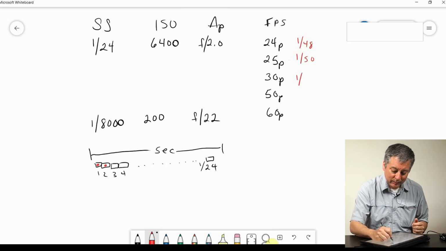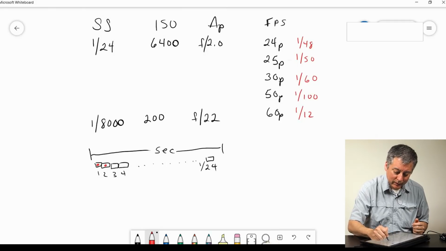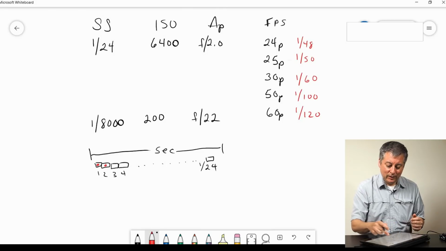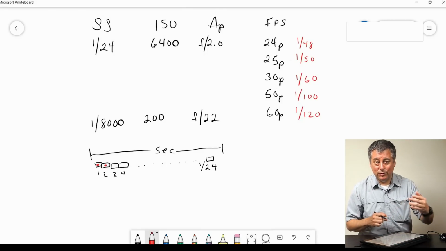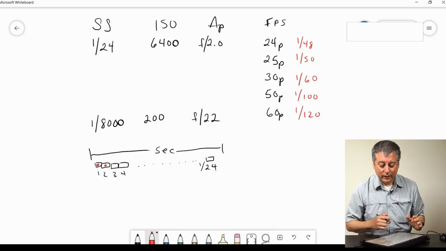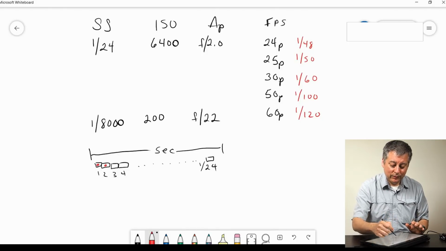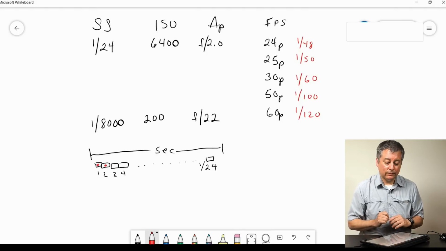Here our shutter speed can be 1/60th, 1/100th, and 1/120. And again, there are cameras that do much faster, and I'm sure there's some that do slower, but for video work, these are the corresponding shutter speeds you want to use for each frame rate.